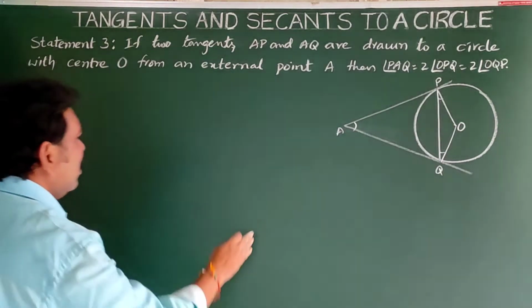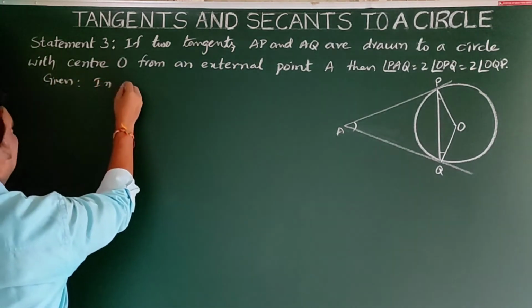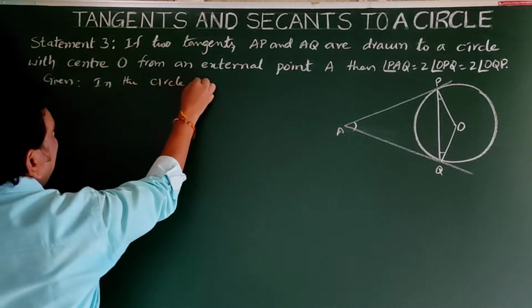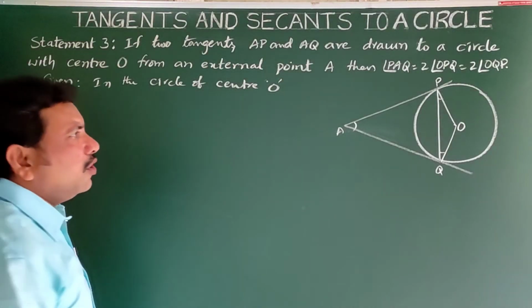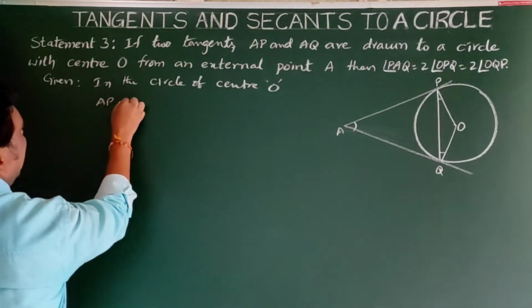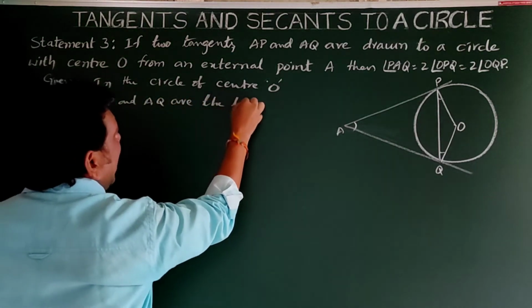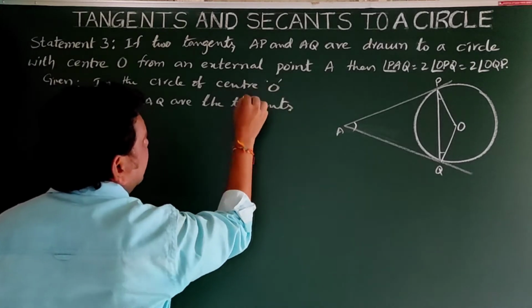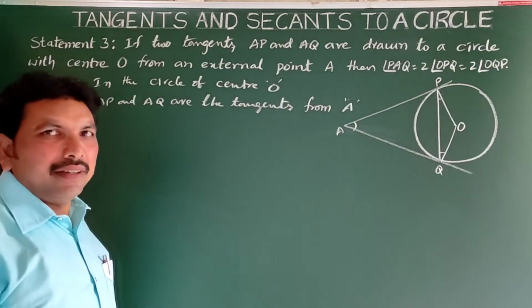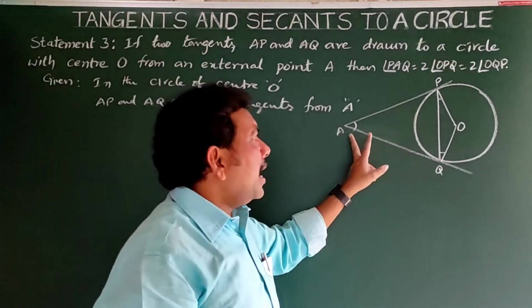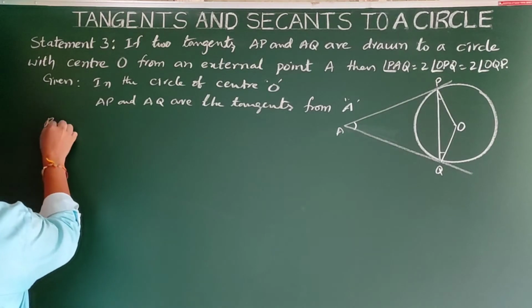Right? Yes, first write down what is given. Given: in the circle of center O, AP and AQ are the tangents from A. Next, what we have to prove?